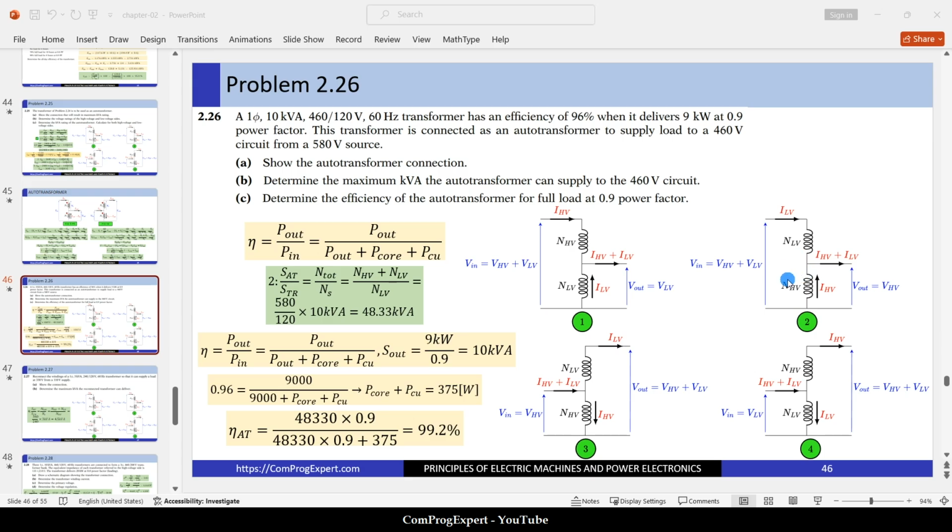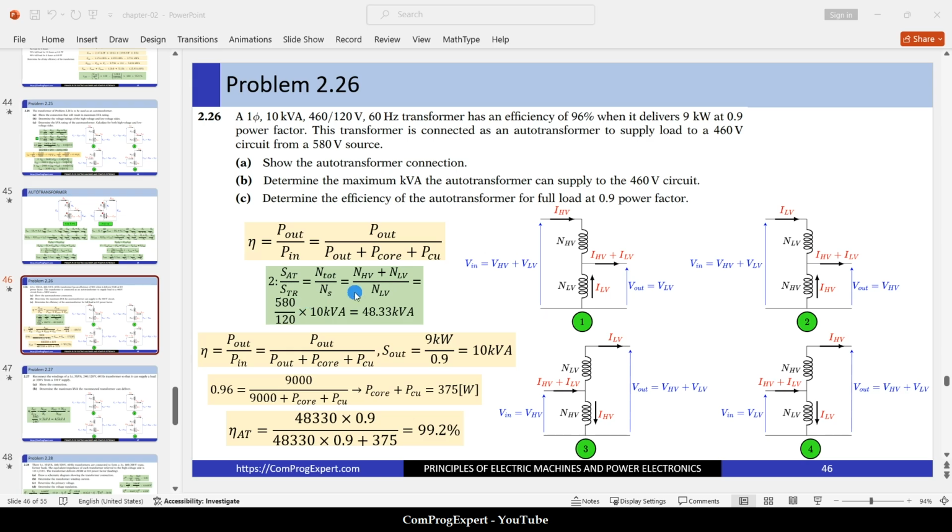In this case, determine the maximum kVA rating. Yes, the rating of the transformer, S_TR, is 10. What is the value of the auto transformer apparent power? N total divided by the number of series turns, N_LV. This fraction is equal to the voltage fraction, right?